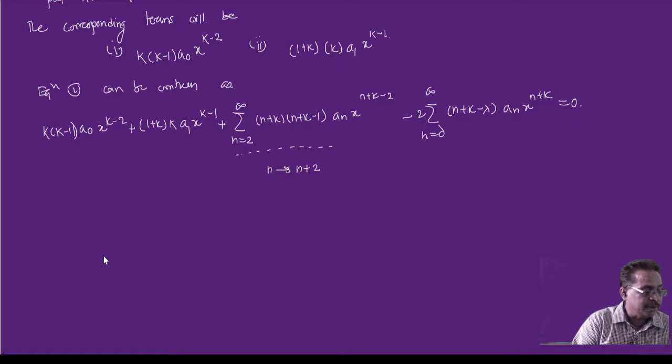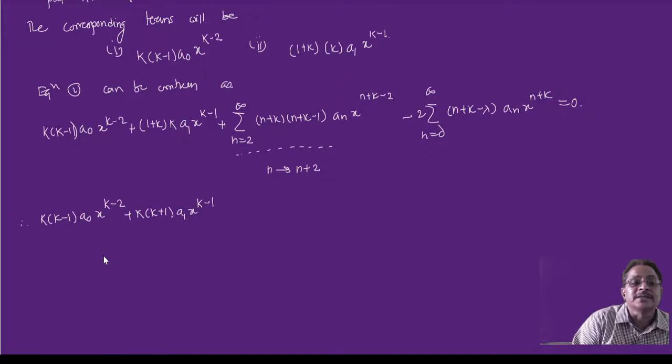Okay, so that can be arranged, and therefore next step will be k into k minus 1 into a0 times x raised to k minus 2 plus k into k plus 1 into a1 times x raised to k minus 1.